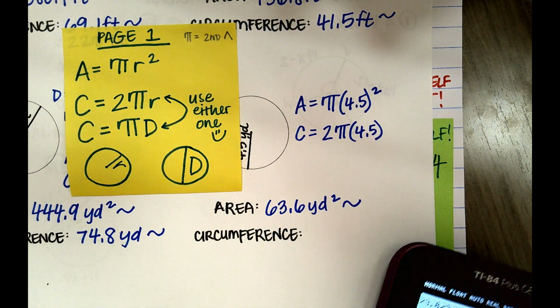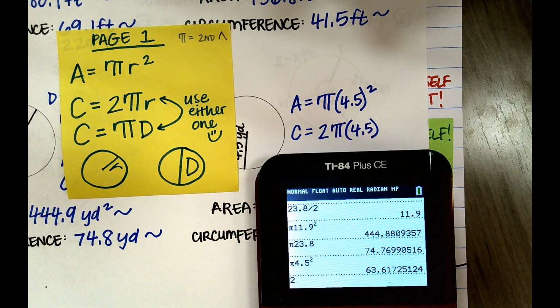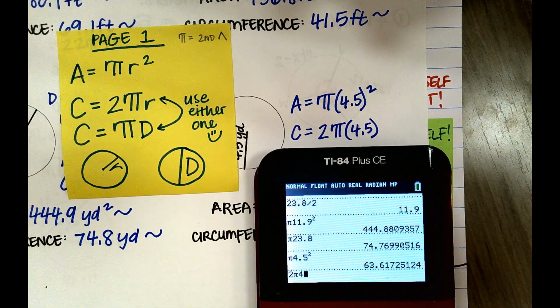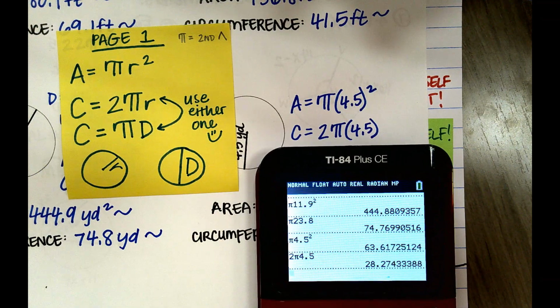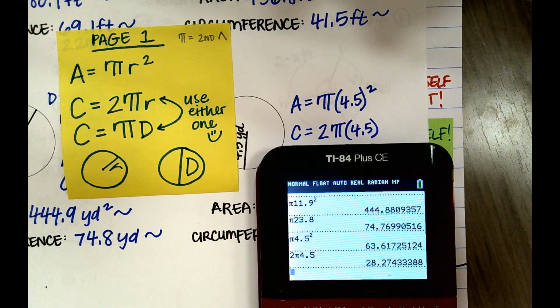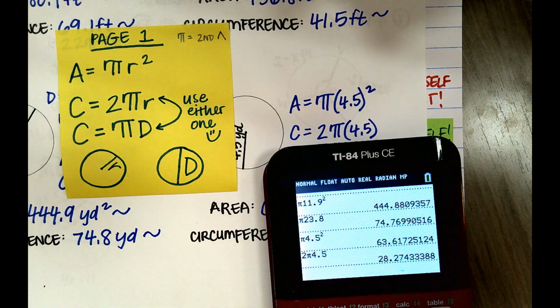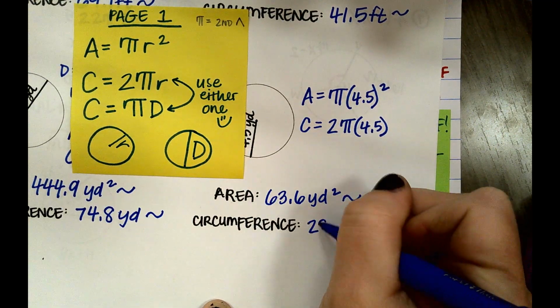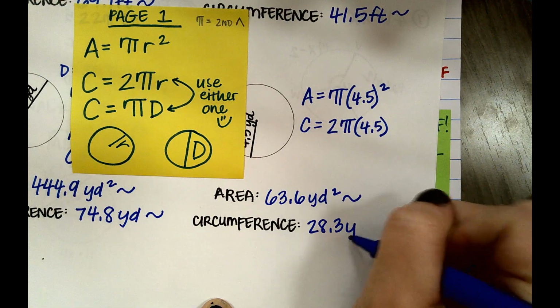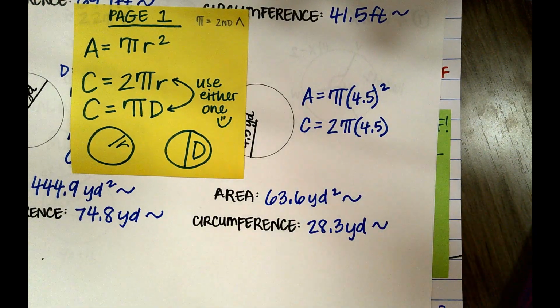And that will give us 28.27 and so on. And that rounds to 28.3. What are my units? Yards. Tilde. Good. Okay.